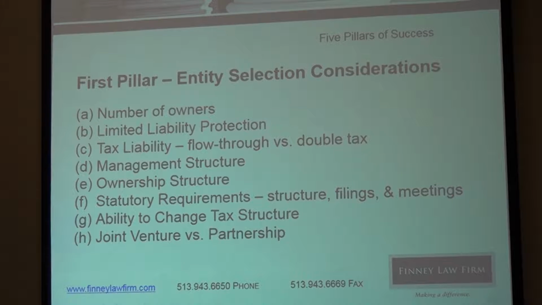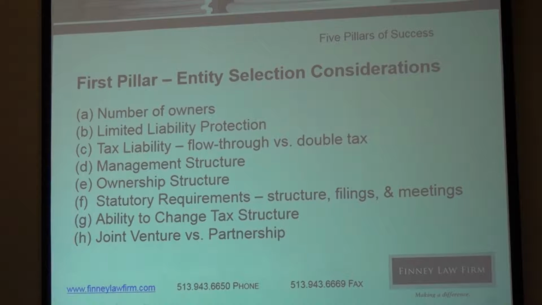So general partnerships have more than one owner. They can have an unlimited amount of owners. That goes the same for limited partnerships, limited liability partnerships, and LLPs. As far as LLCs, instead of having owners, you actually have members, but the members are the owners of the company.